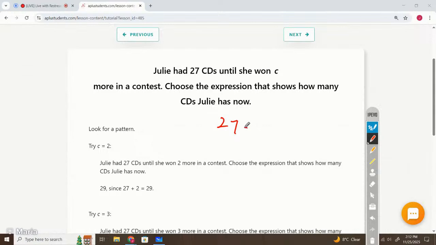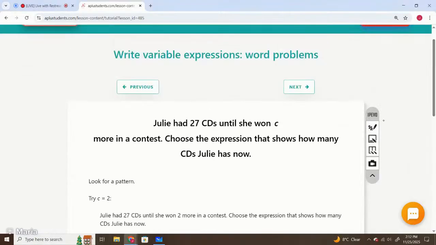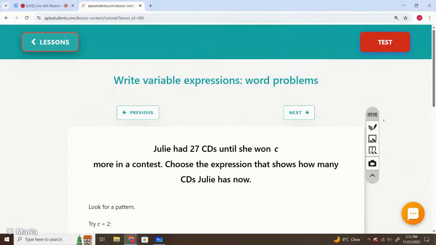And add now, until she had c more in a contest. So that is 27 plus c. That means Julie now has 27 plus c CDs, right? Let's just start with the test questions.